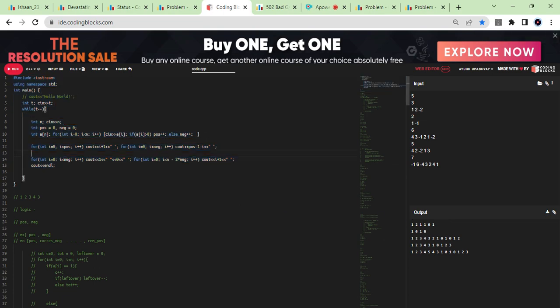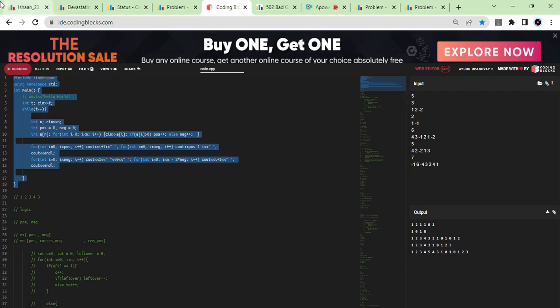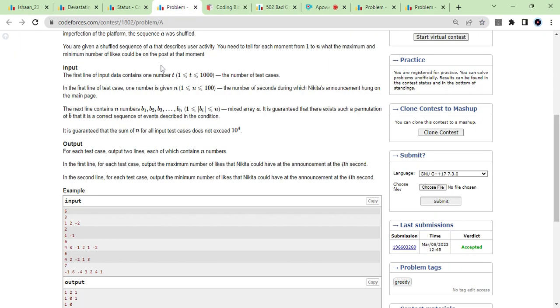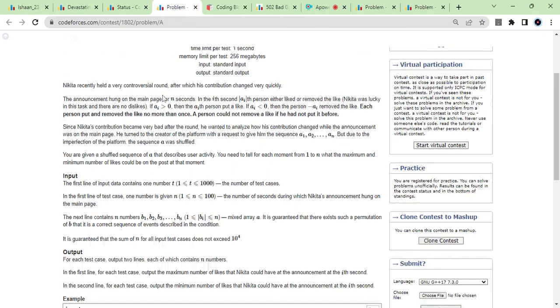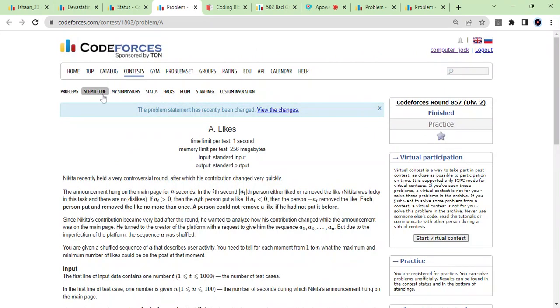Between positive negative, you want endl. Now we can sum this up. 5 4 3 and 1 2 3.